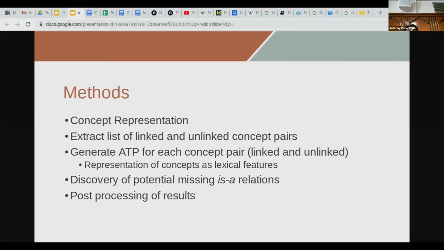We did have to do certain post-processing due to certain conditions of the vaccine ontology, which I'll go into in later slides.